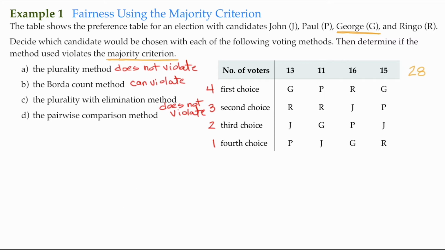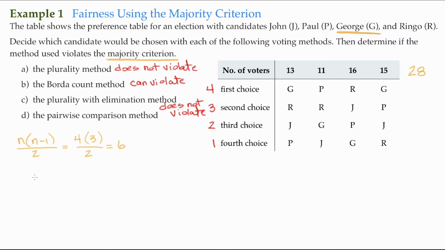So now if you recall, we have to pair up the candidates, and to determine how many pairings there's going to be, we use the formula n times n minus 1 divided by 2. N is the number of candidates. We have John, Paul, George, and Ringo. So that's 4 times 4 minus 1, which of course is 3, divided by 2. That's 12 divided by 2, so there's going to be 6 pairings.